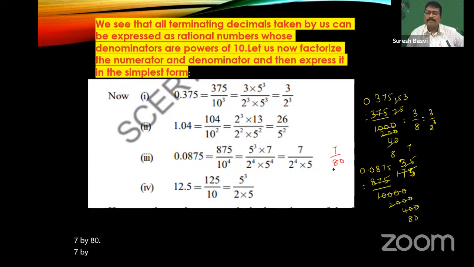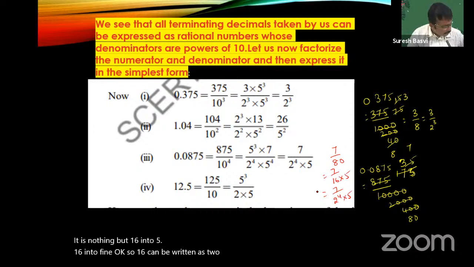So 80 is nothing but 16 into 5, and 16 can be written as 2 power 4 into 5.